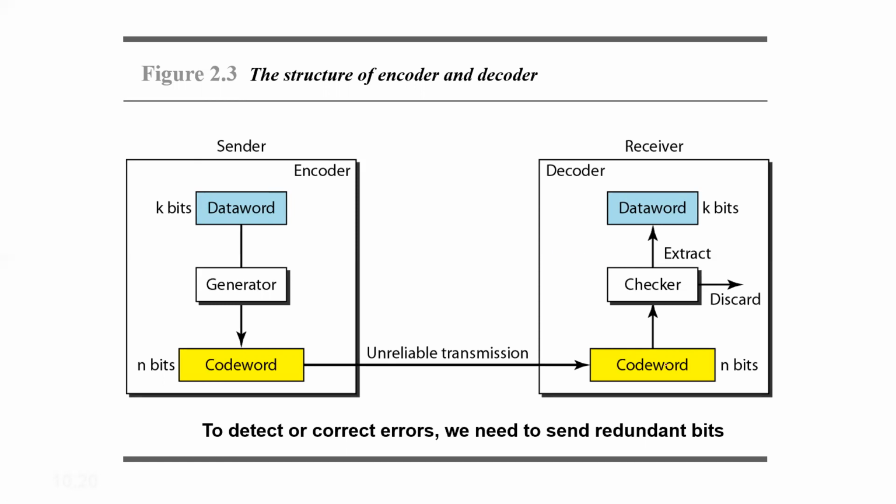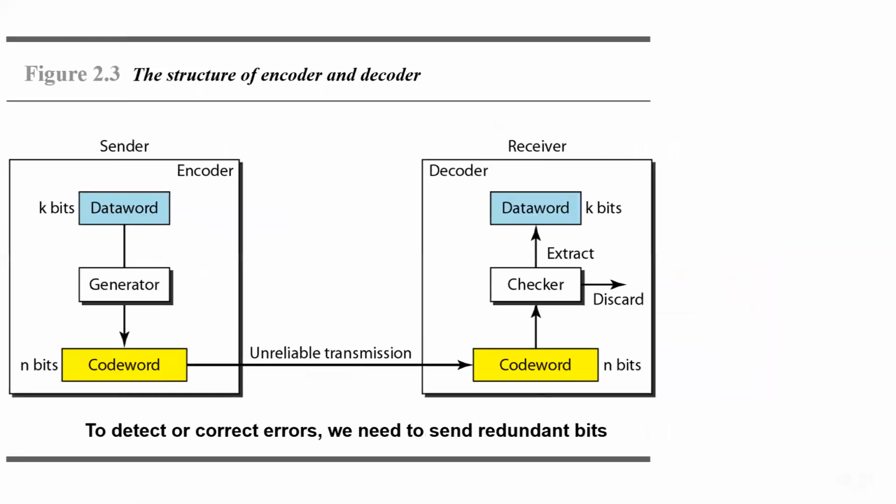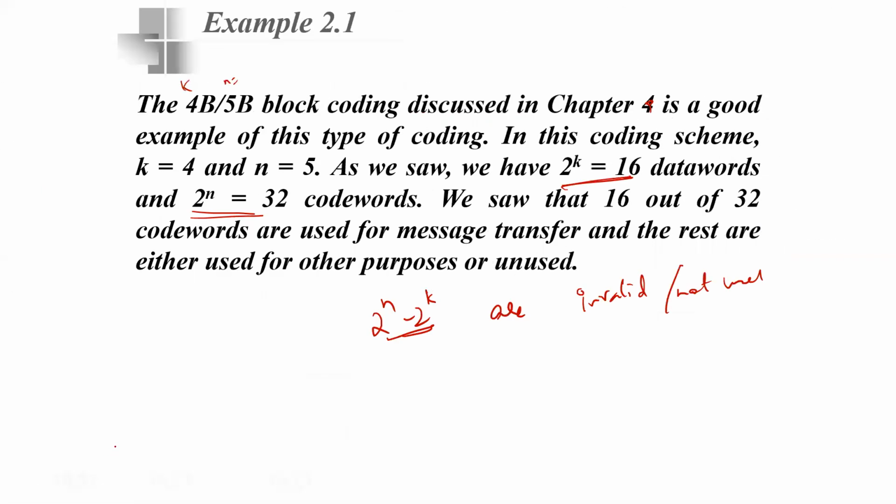The code word is received by the receiver. The checker, since we are talking about correction, will not discard or extract, it needs to correct. So the checker will correct the data word and give the data word of k bits.